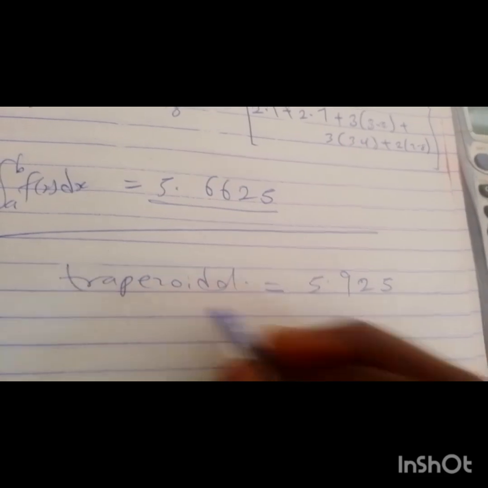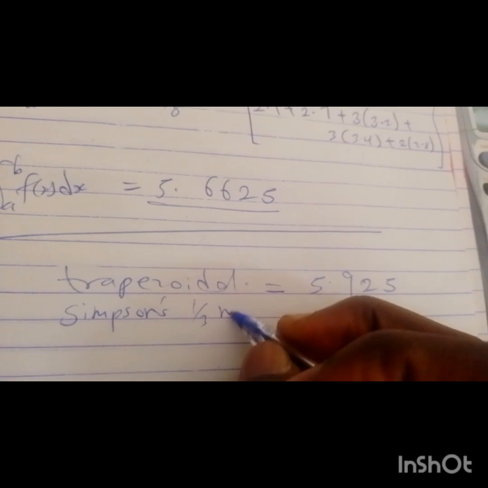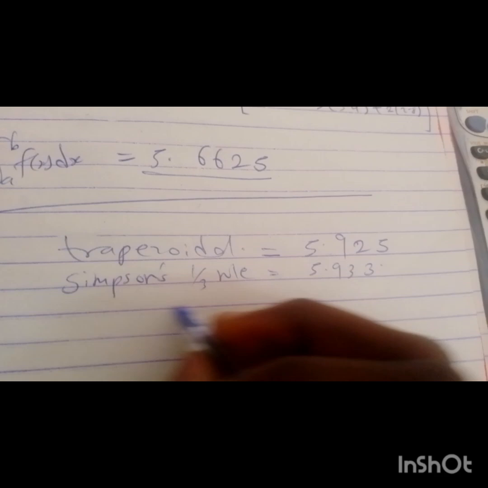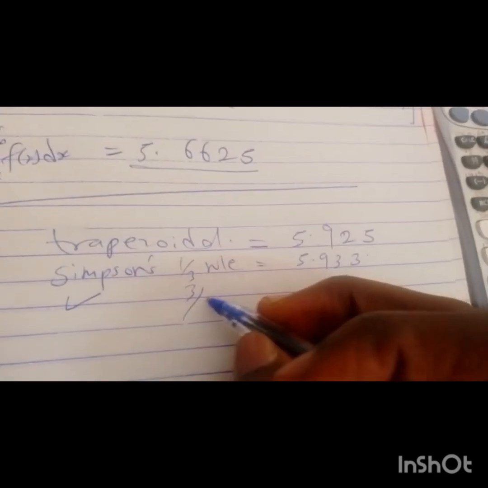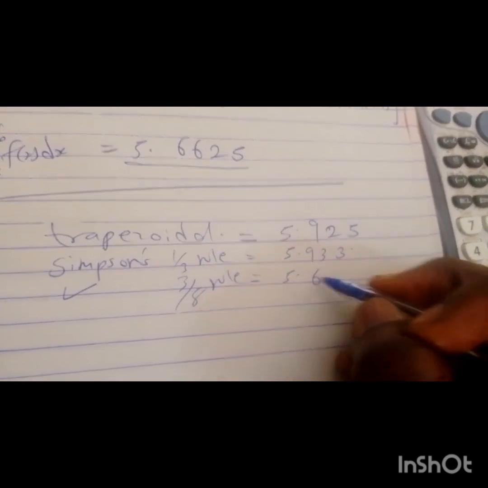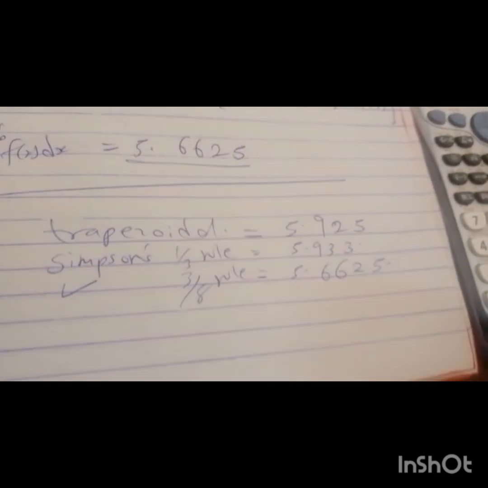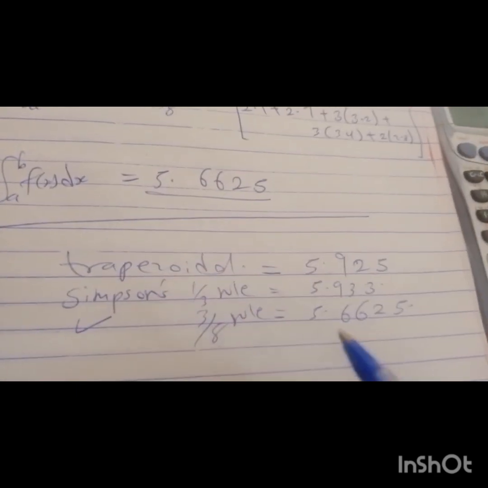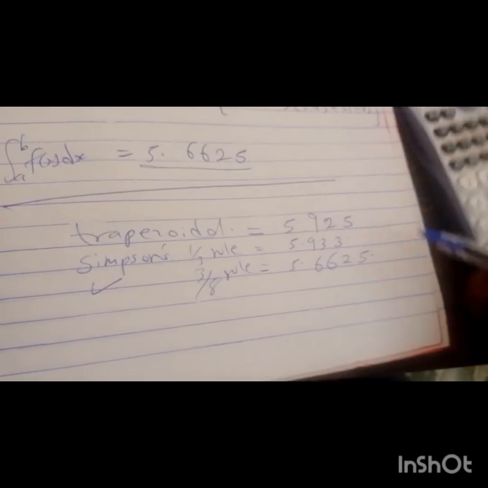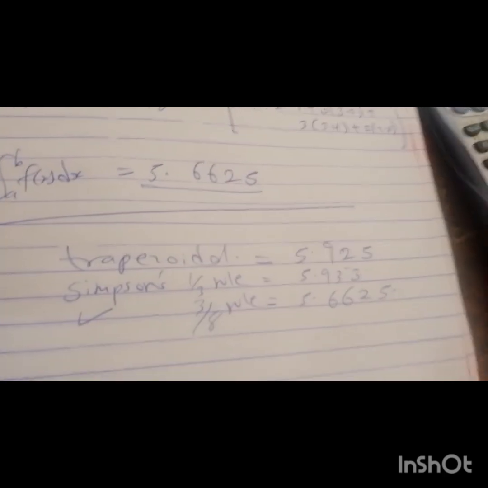For the Simpson's 1/3 rule we had 5.933, and for the Simpson's 3/8 rule we had 5.6625. Now the question is, how do you know which of these is the most accurate? If I'm solving and I have to use any of these, which one should I go for? Realize that these two values are closer. Does that mean these two methods are more accurate? That's not what we are saying.